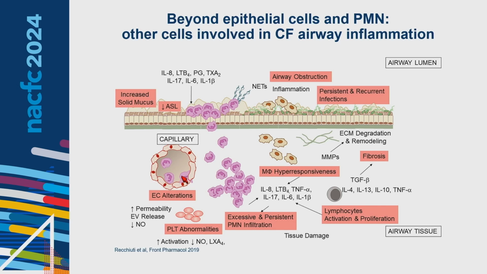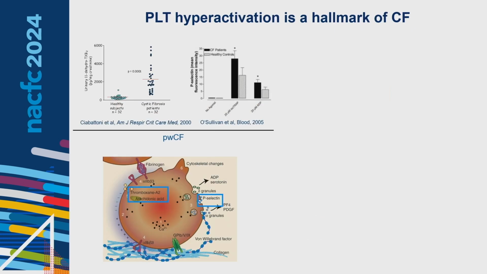Over the course of the years, we now know that in addition to neutrophils, other cells may play a significant role in sustaining chronic inflammation in CF airways, including epithelial cells, monocytes and macrophages, endothelial cells, but also platelets. Our group became interested in the role of platelets in CF since we demonstrated several years ago that people with CF express elevated markers of platelet activation, such as thromboxane B2 or membrane expression of P-selectin.